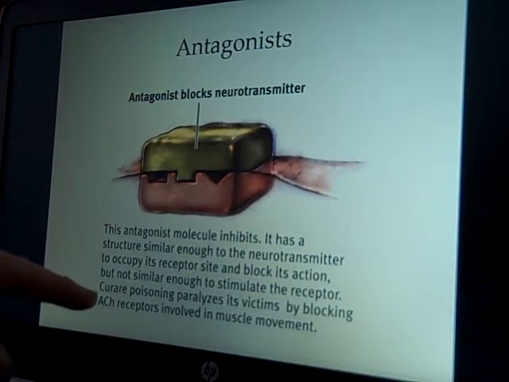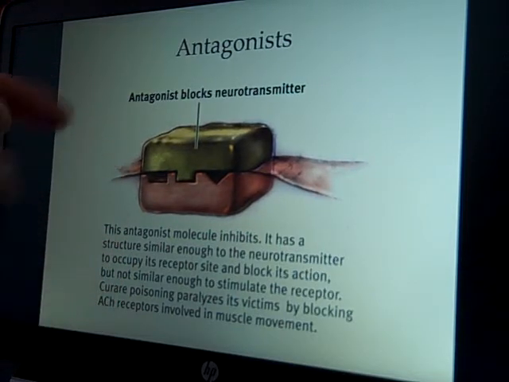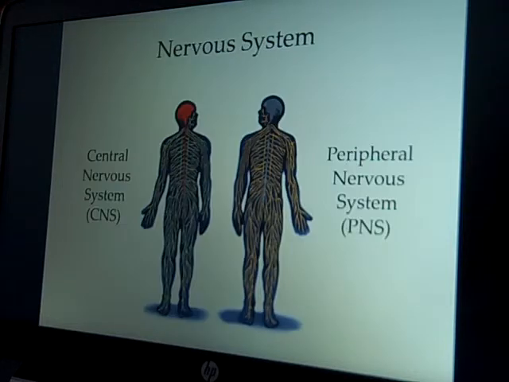But if someone had hit me with a dart of curare, a poison that you can get off the backs of some South American frogs, which you've probably seen spoken of on television, that antagonist fits into the receiving areas and blocks it so that acetylcholine truly can't get there, and then the person is paralyzed. They're fully awake but completely unable to move. That would be an example of an antagonist.